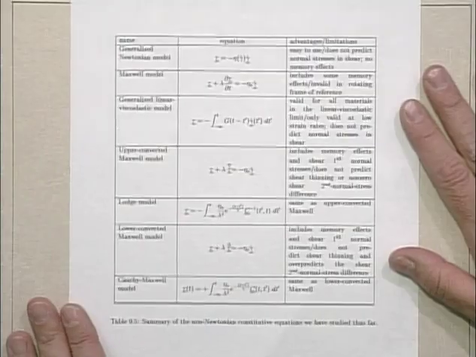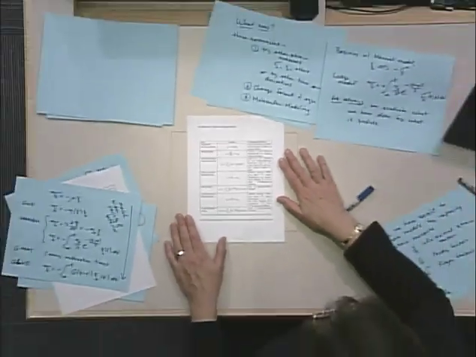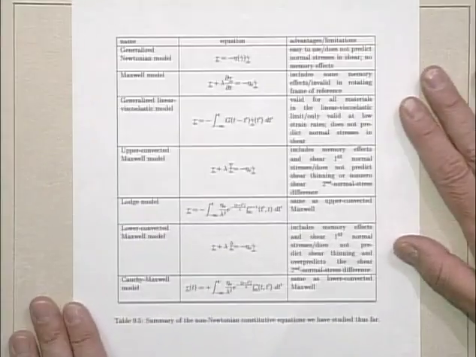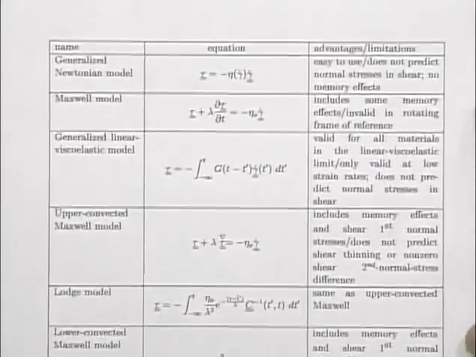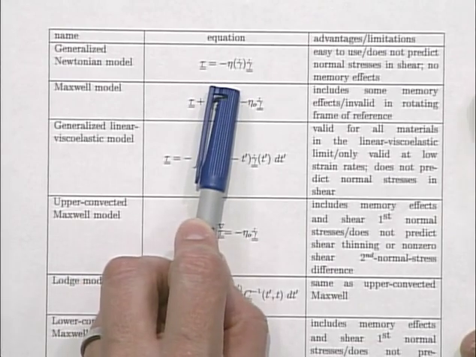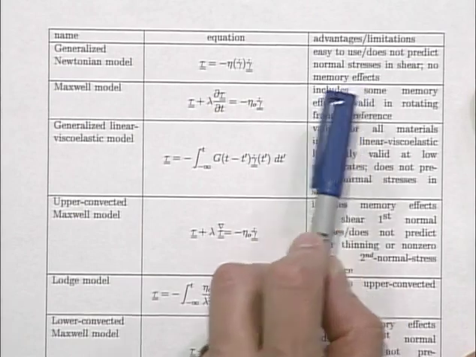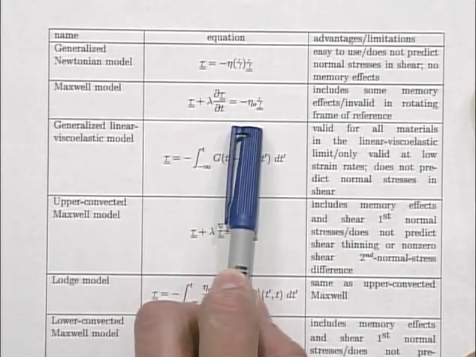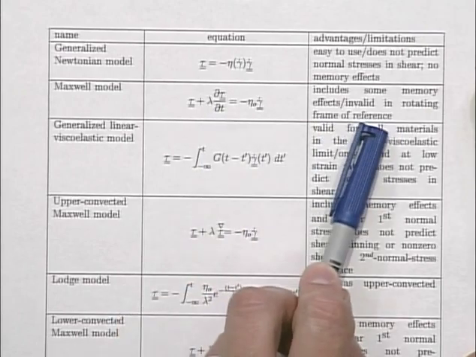Here's another table from the book. There are a lot of different constitutive equations, and the only way to choose among them is by what they predict. So this table shows the ones we're familiar with, the generalized Newtonian model, and some advantages and disadvantages of that model. The Maxwell model, which is frame variant, it has that partial derivative in it, and its pros and cons.